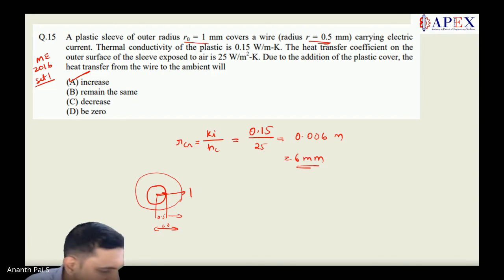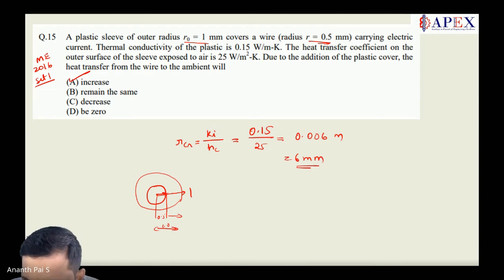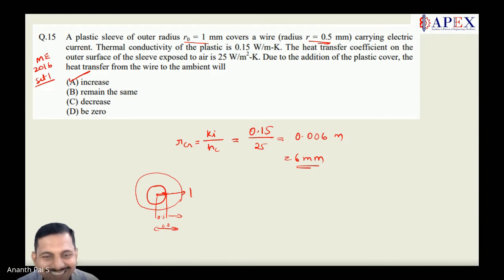Next question has come in 2015. Sir, by just looking at the question, since Hc is greater than K, can we not decide using that? Exactly, correct. That is one of the ways you can do it.